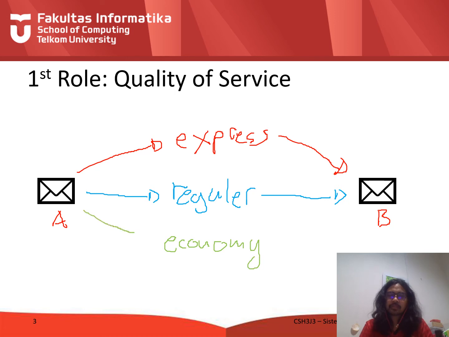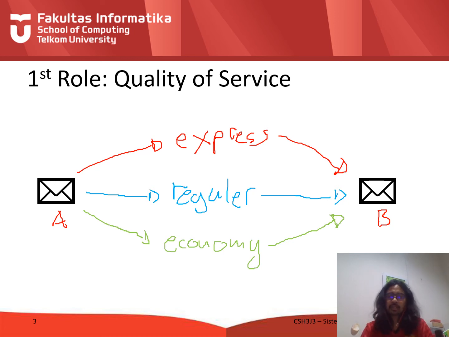Why do people want it to be slow? Because it's cheap. So every option has its advantages and disadvantages. Express is quick but expensive, economy is slow but cheap, and regular is optimum.